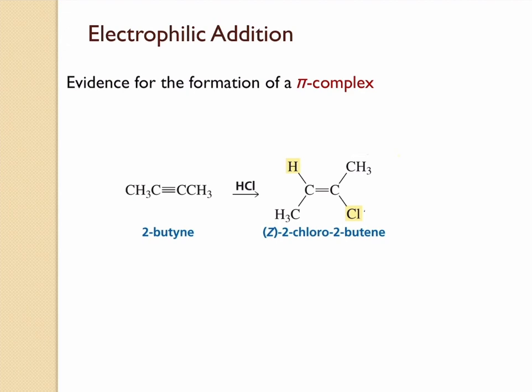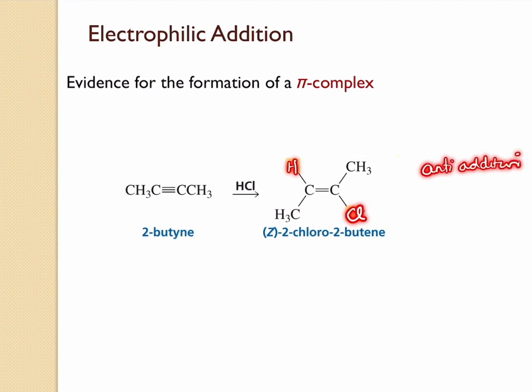There is increased evidence for the formation of pi complex because many of the alkene addition reactions were found to be stereoselective. So for example, when 2-butene underwent an electrophilic addition reaction with HCl, the two components H and Cl were added in the opposite directions, leading to anti-addition.